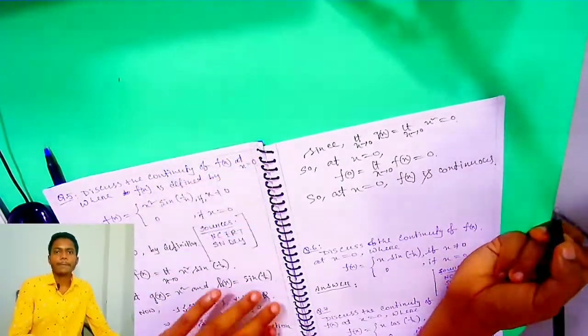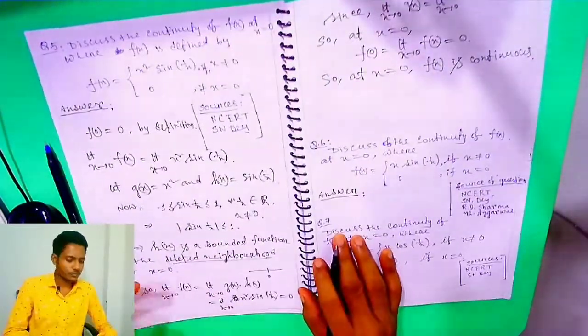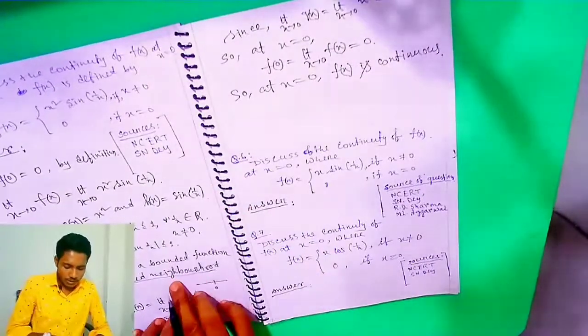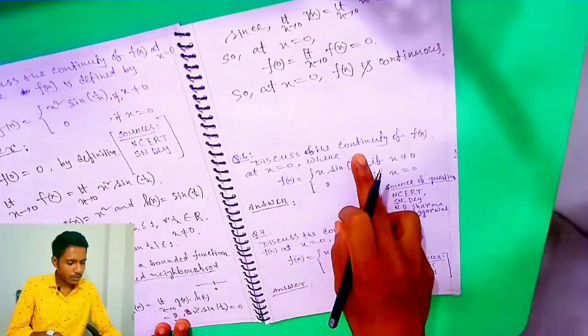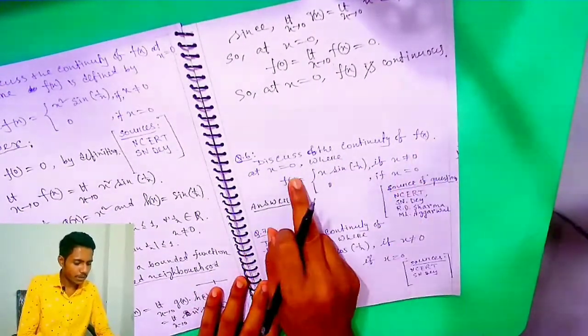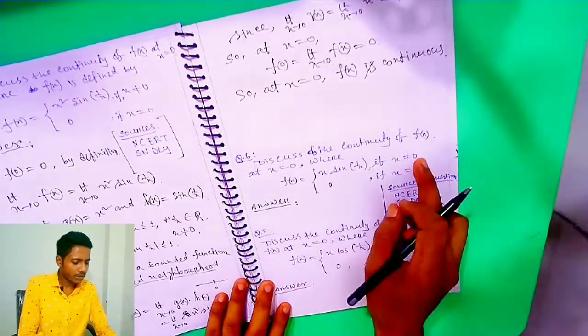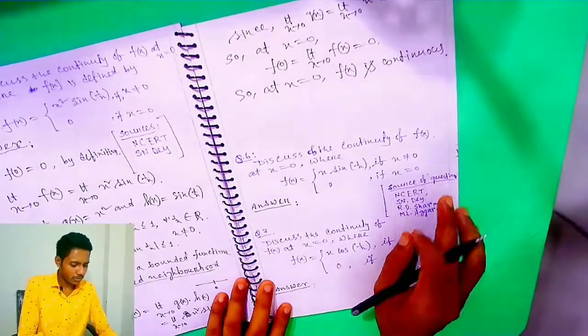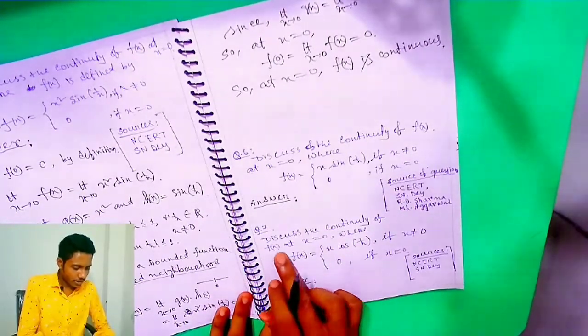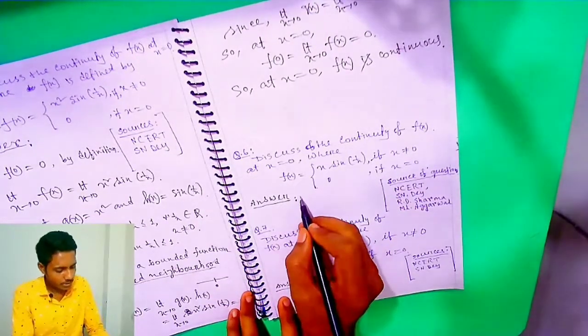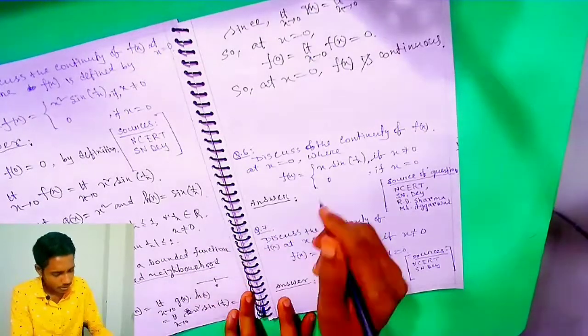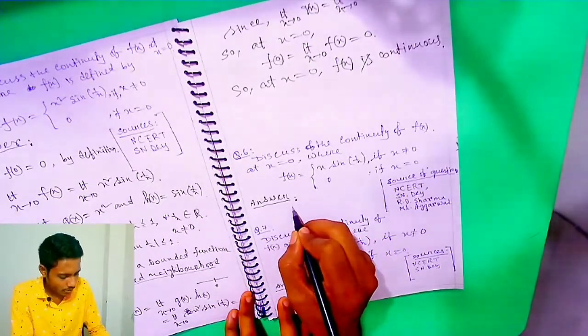Now, using the same kind of logic you can solve this problem. Discuss the continuity of f(x) at x is equal to 0, where the functional definition of f(x) is x into sine 1 by x, x not equal to 0, and 0, x is equal to 0. Similarly, question number 7, you have to solve using this logic. This is your homework.